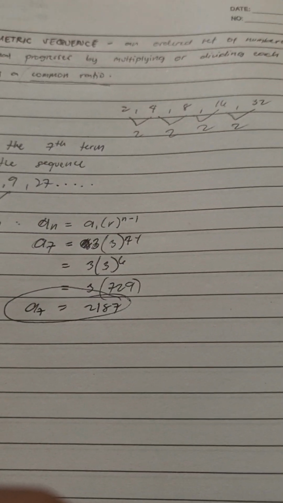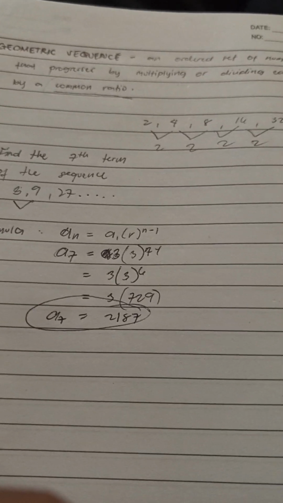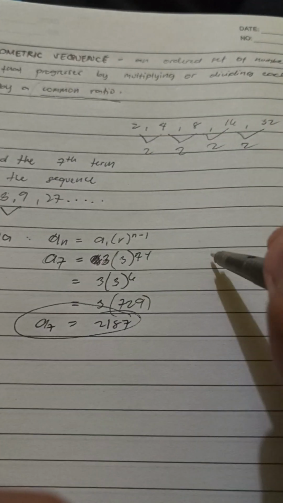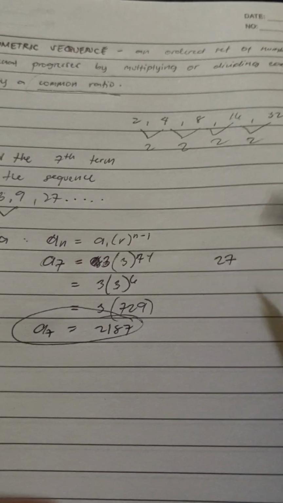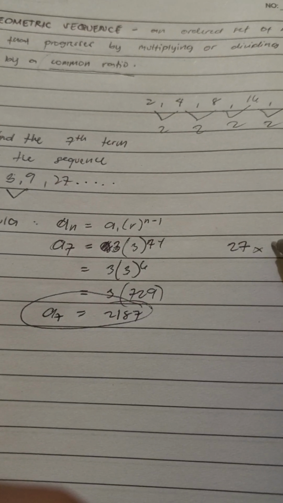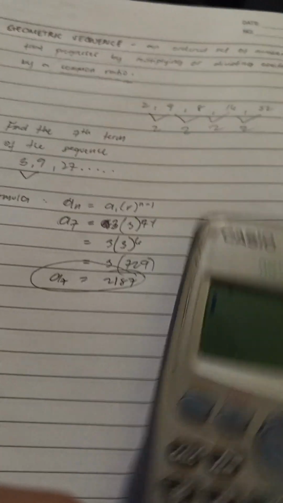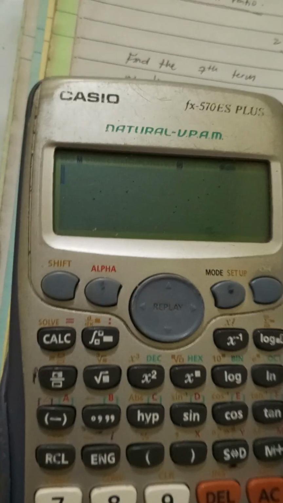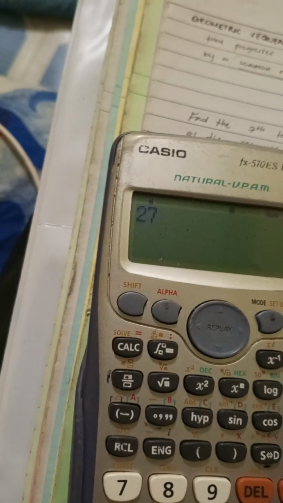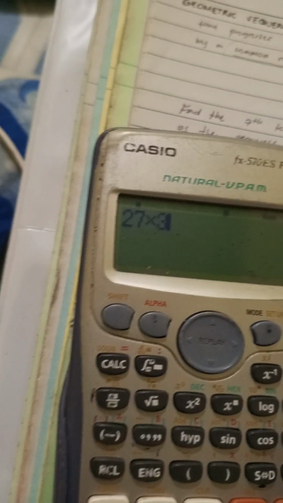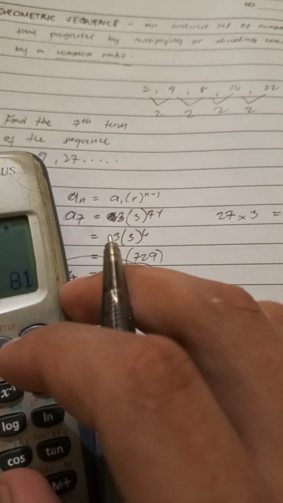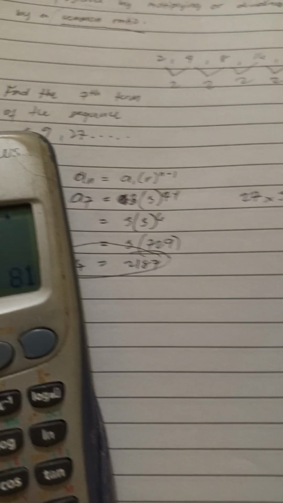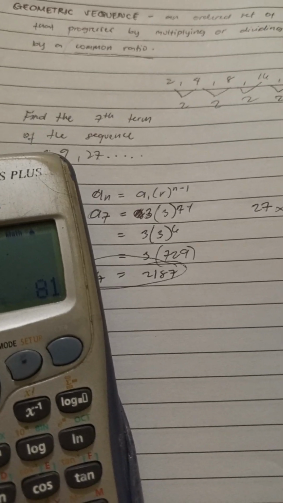Let's check if it is correct. Let's multiply 27, our third term, by 3. 27 times 3 is equal to 81. This is our fourth term.